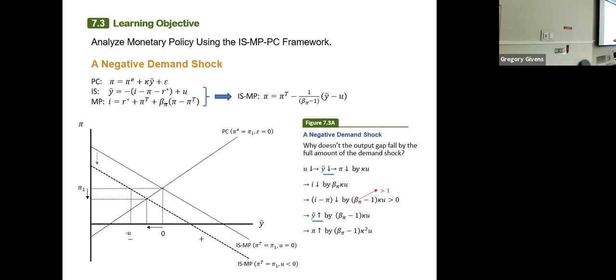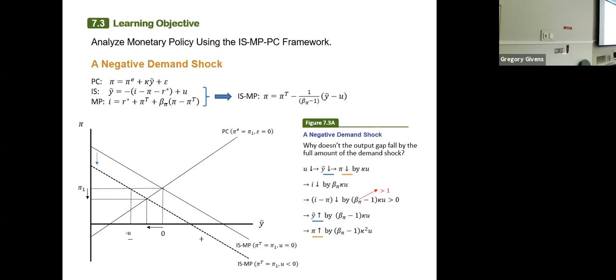And that gets fed back into the Phillips curve, which raises inflation a little bit. So the shock causes the output gap and inflation to fall, but because the Fed responds systematically and accommodates monetary policy, both the output gap and inflation rise a little bit. And so neither of those two variables fall by the full amount of the shock in the model.